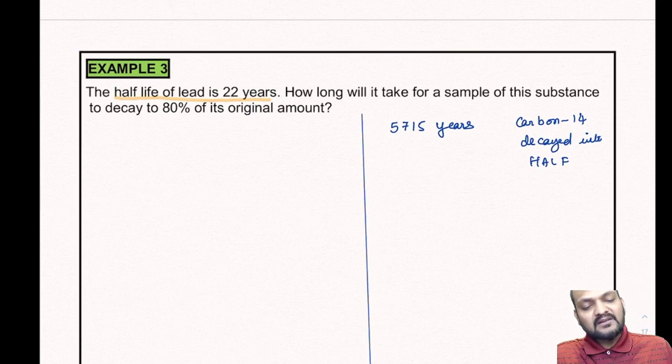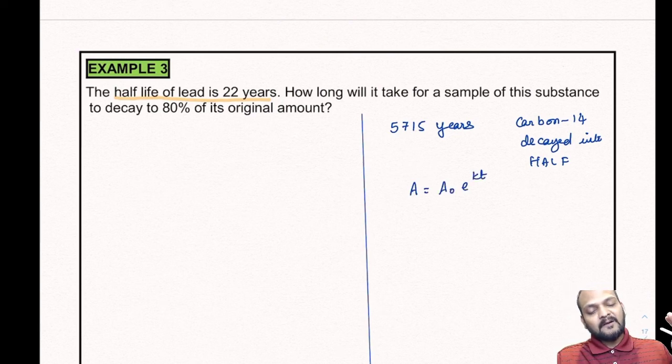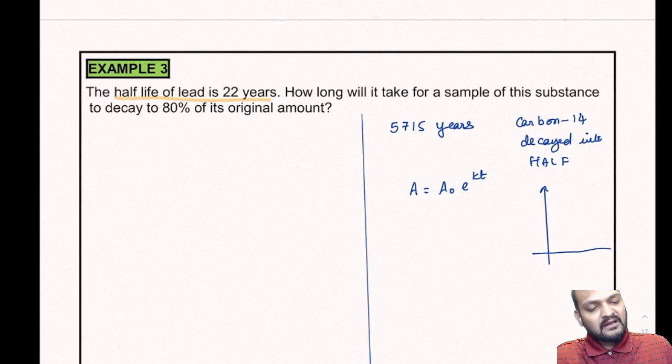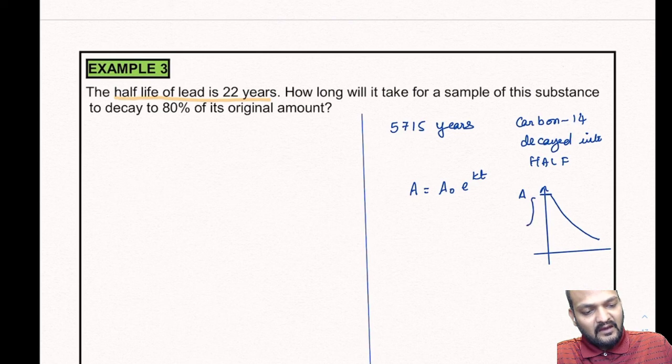If you try to model this decay model, we are going to have A equals A sub 0 e to the kt. Remember, it's a decay model because the carbon dating is kind of going down, right? Let's just say this is initially A, and this looks like a half.